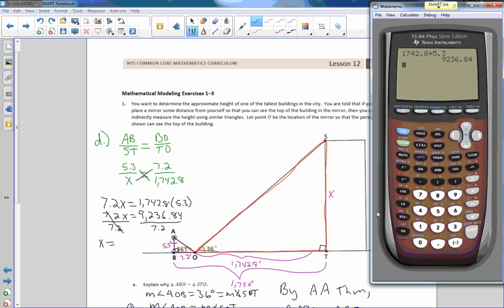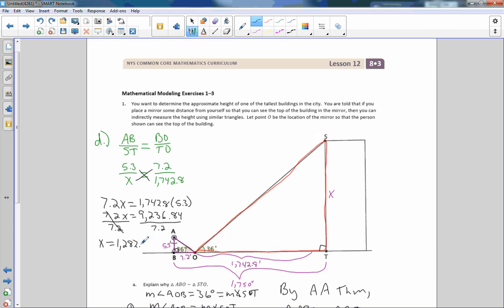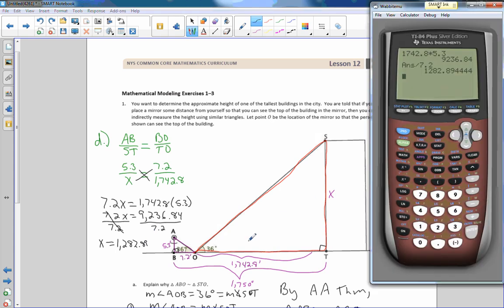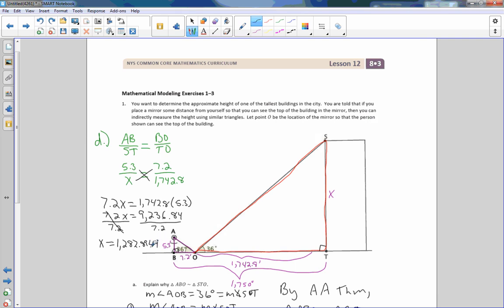Grab my calculator and take that answer that I got in my last and hit divided by 7.2, enter, and I get 1,282.89. Okay, I'm going to go out 4 decimal places. 0.8944. So the height of the building is 1,282.8944 feet. There should be a foot symbol there. Okay?